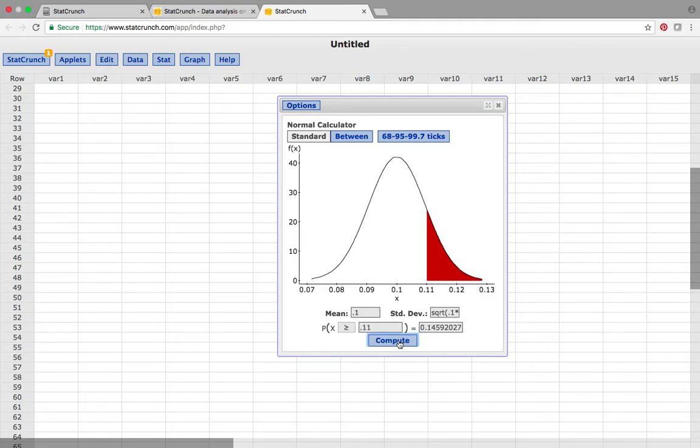So guys, the correct answer would be 0.1459. Now, let me point something out. I have the mean of 0.1 because 10% of the population that we're examining, which is being left-handed, is 10%.